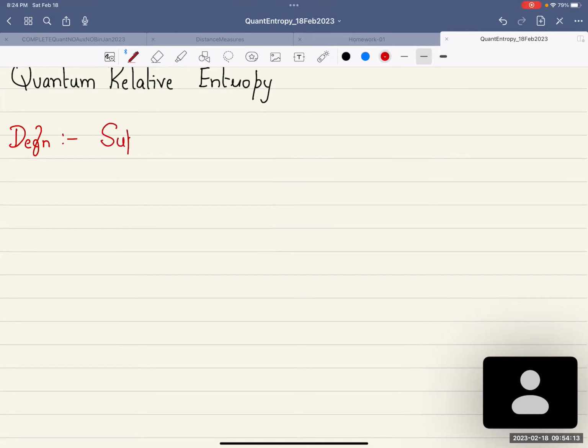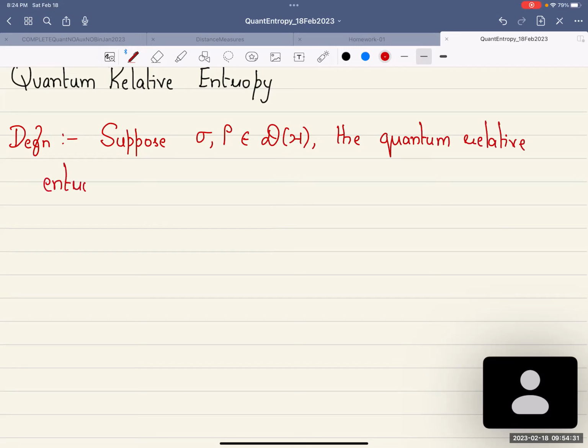Suppose rho, sigma belong to D of H. The quantum relative entropy D of rho sigma is defined in exactly the same way.